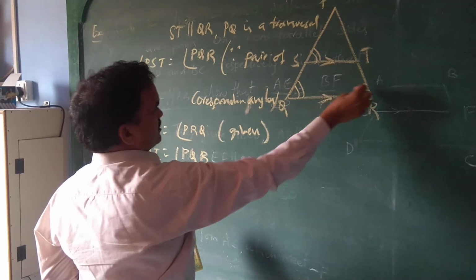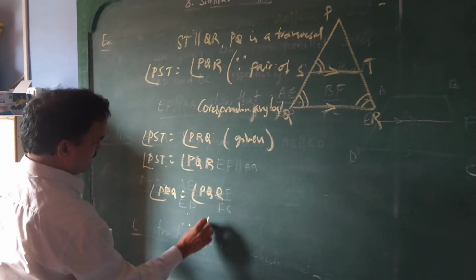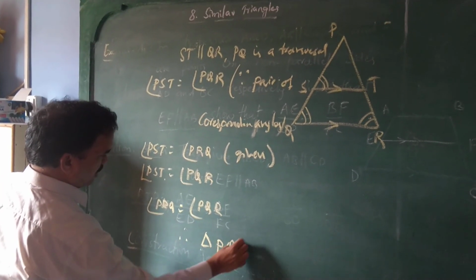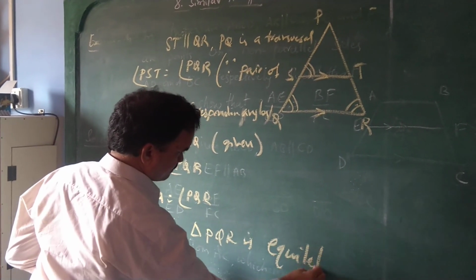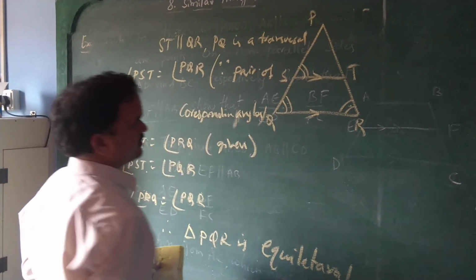These two angles are equal. Therefore, triangle PQR is isosceles. Hence proved.